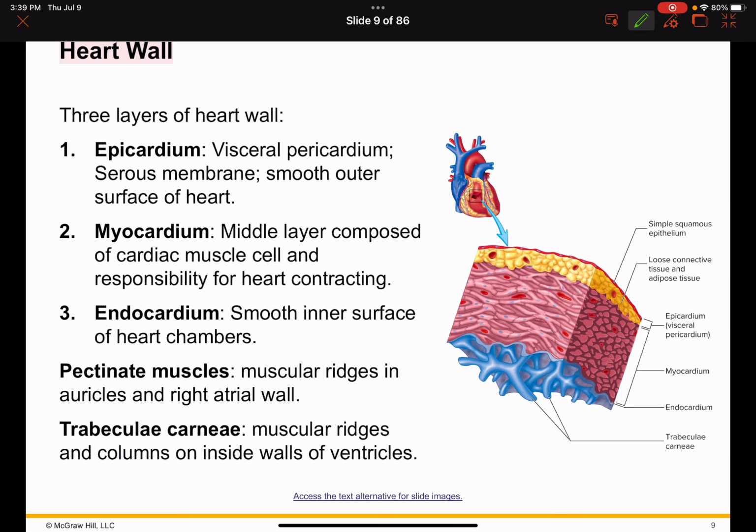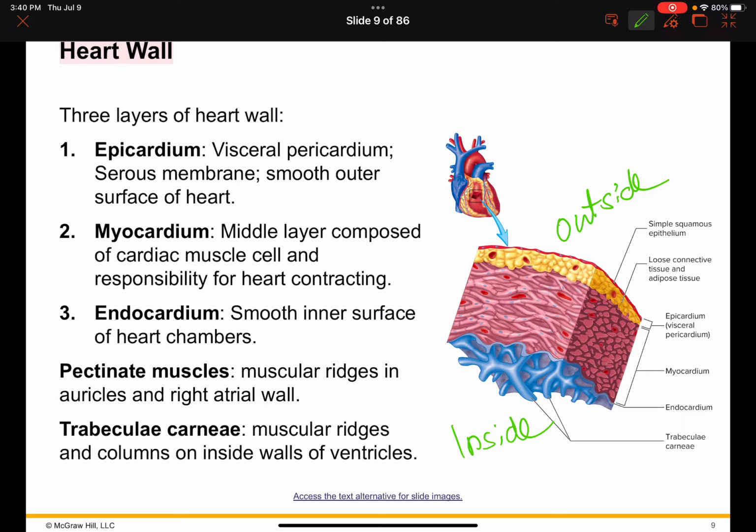The heart wall. If you take a piece of the heart wall, going from outside to inside, first we're only looking at the heart wall, not the membrane. We talked about the fibrous membrane or the parietal pericardium; we're not talking about that now.